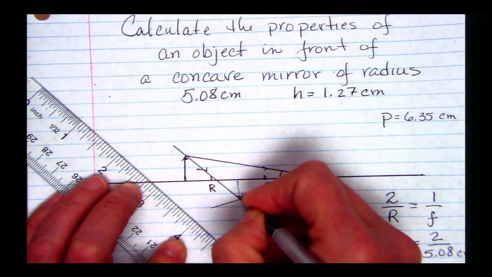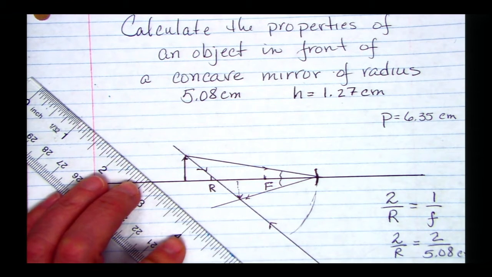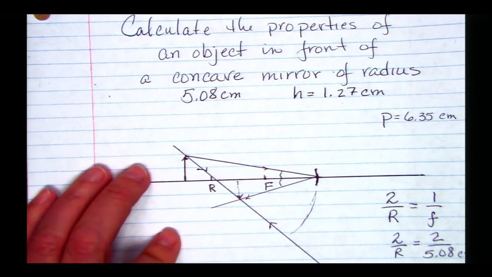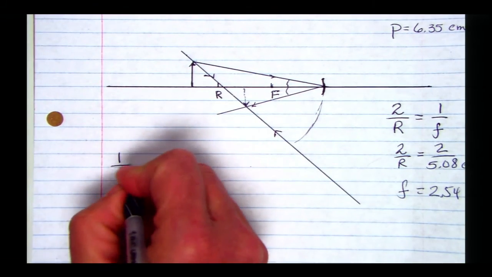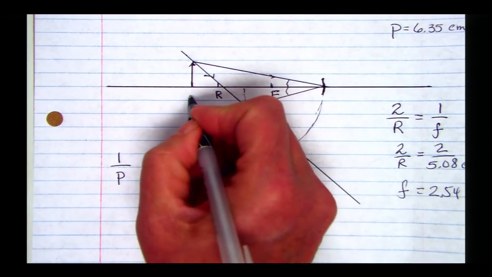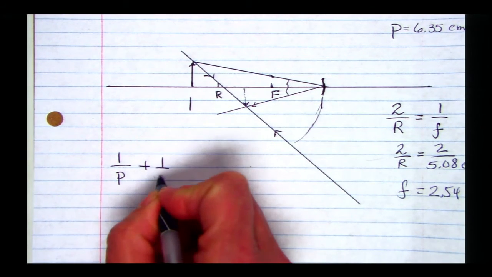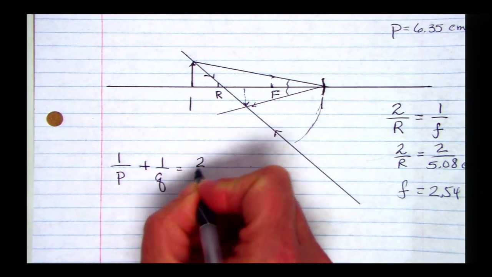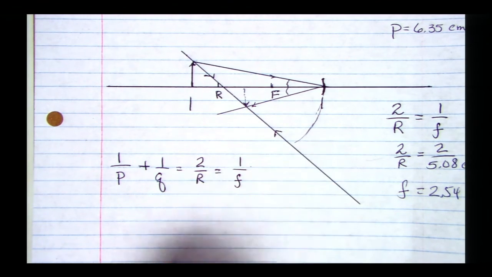So if we want to do this mathematically, we use the mirror equation, which is 1 over p, and p is this distance here, plus 1 over q is equal to 2 over r, or equal to 1 over the focus. I chose to keep it that way when I calculated it out, and I get 1 over q is equal to 2 over r minus 1 over p.